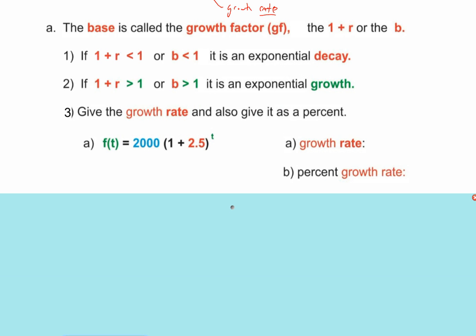The growth rate is 2.5. What is the percent growth rate? Turn 2.5 into a percent. 2.5 is how much percent? 250%. And that is the growth rate in a percent.